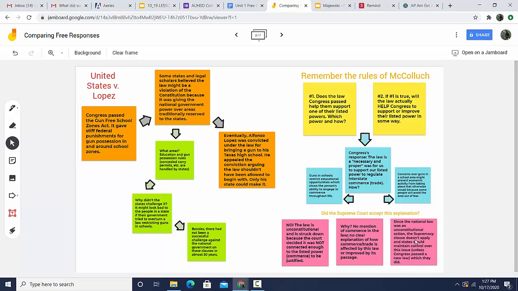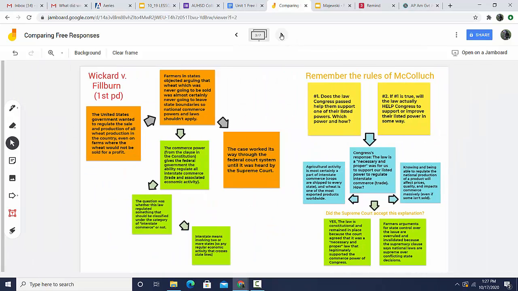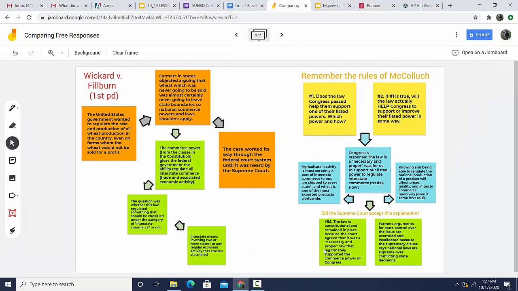Not a clear enough connection to commerce, and as a result, the supremacy clause wouldn't apply since the national law was invalidated. In Wickard, the law is constitutional. This was a necessary and proper use. This was connected to and supported commerce enough for the national government to justify passing the law. And farmers' arguments were invalidated, and so state laws were inferior to the supreme national law on this topic.